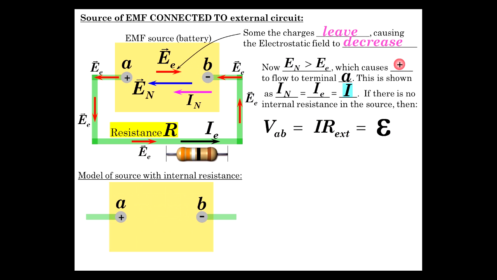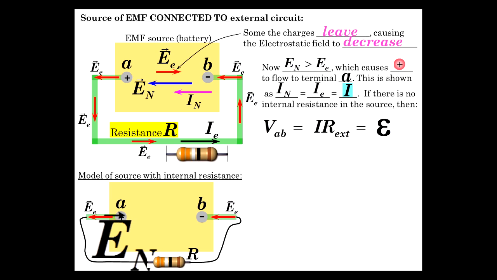Okay. Now, if we have an internal resistance, here I'll put an external circuit here with resistance R, and we have the flow of charge moving around just like we talked about, and the non-electrostatic E field, and here we have the electrostatic E field, and I'm putting this resistor symbol in here to denote that this battery can be modeled as having a resistor internal to the battery.